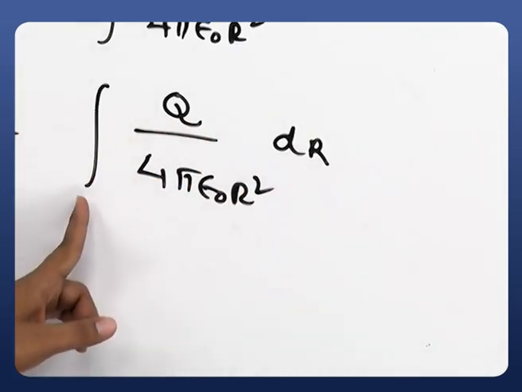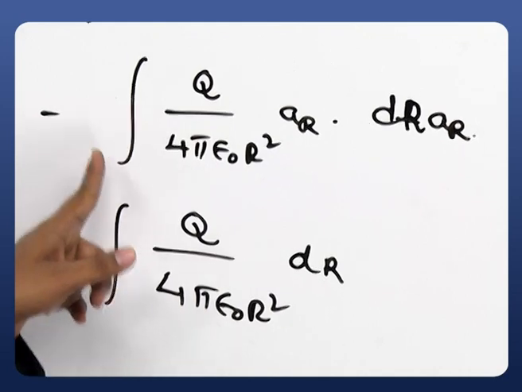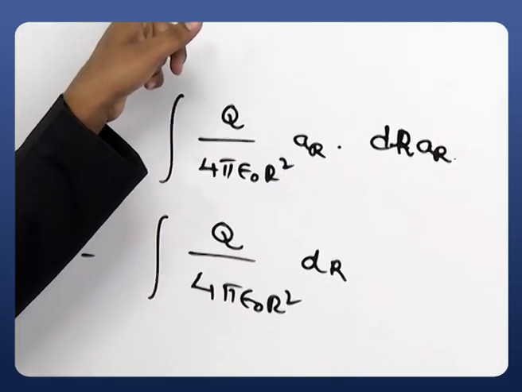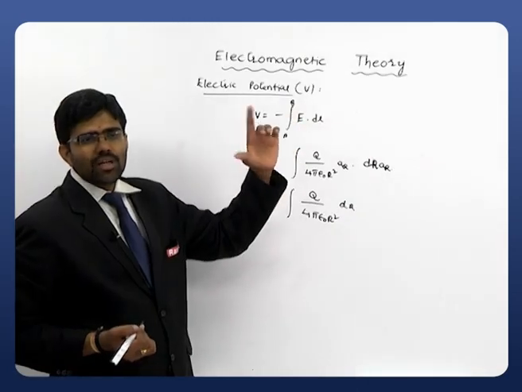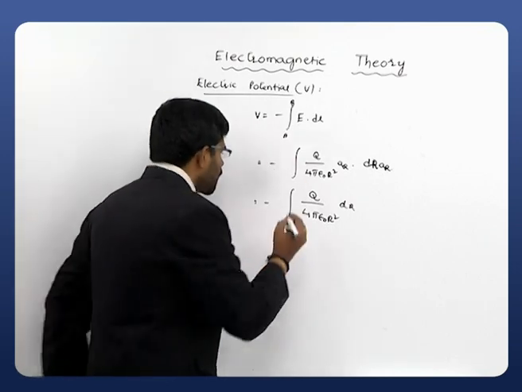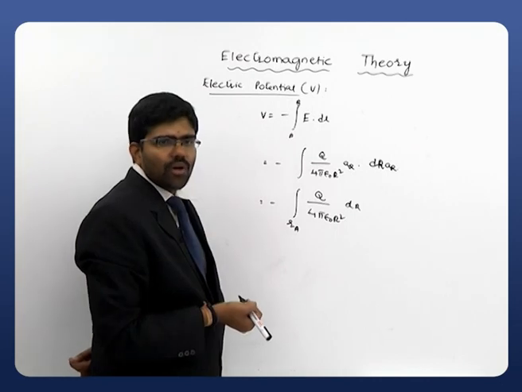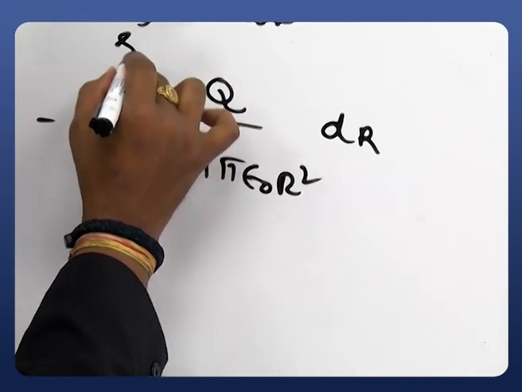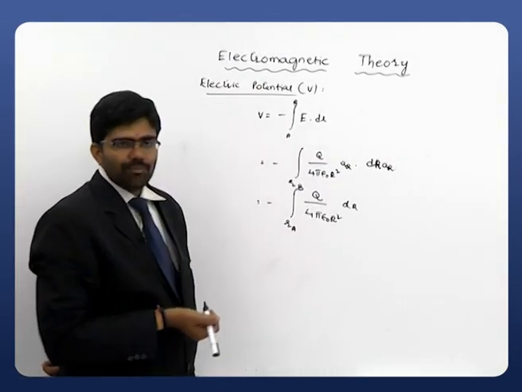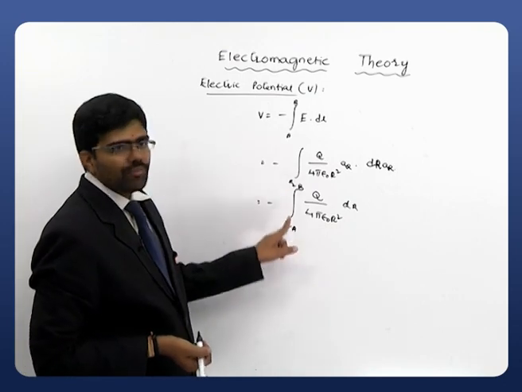Now, from which point to which point do we need to integrate? From point A to point B. So we take the position vectors of point A and point B. Let the position vector of point A be RA and of point B be RB. So the integration is from RA to RB.